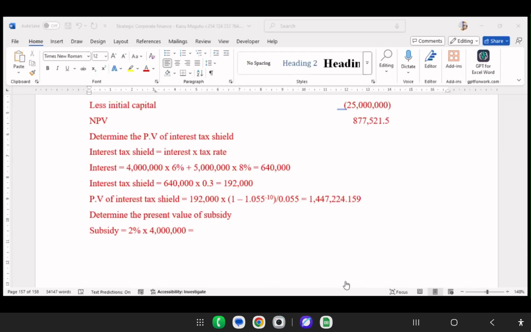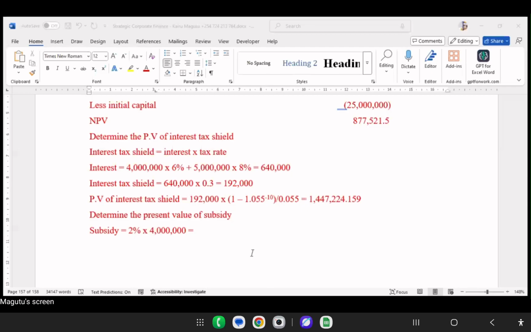That one I explained very well, that we use the risk-free rate.